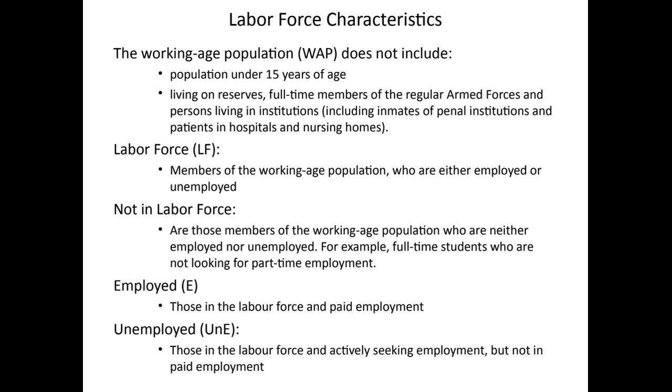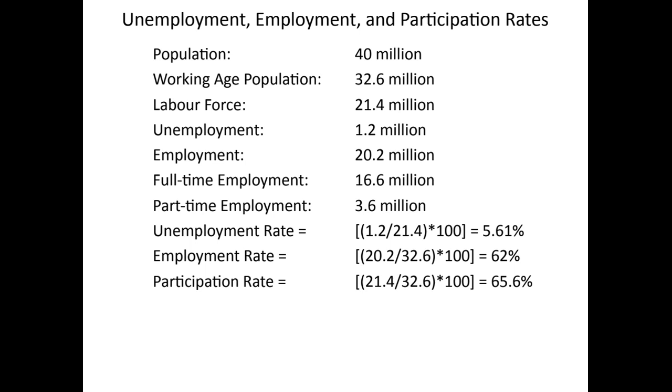So in employment, we have full time workers and part time workers. For unemployed, we have unemployed workers. Once you know this, then let me show you how we calculate these three ratios using this simple example.